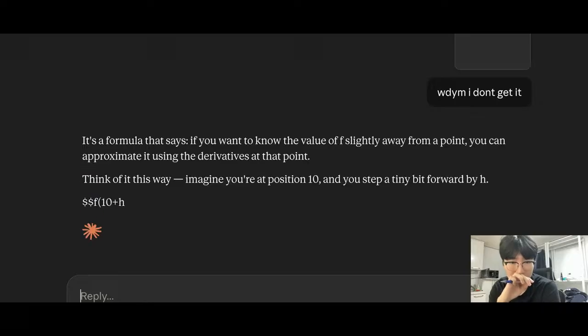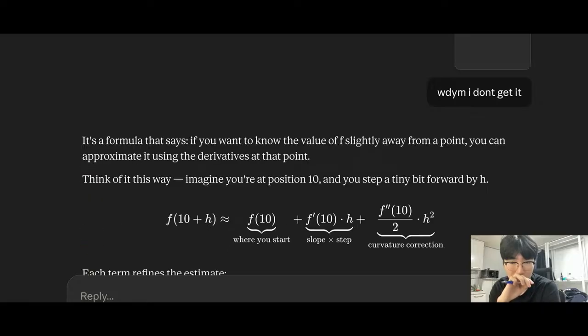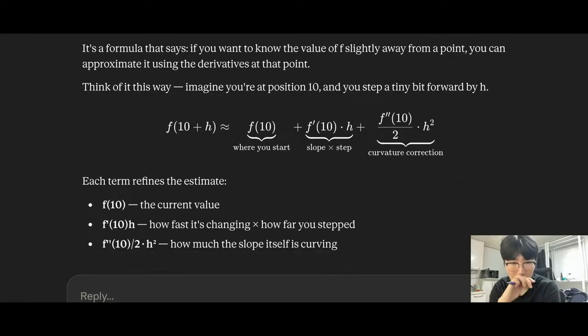It's a formula that says if you want to know the value of f slightly away from a point, you can approximate it using the derivatives at that point. Think of it this way. Imagine you're at position 10 and you step a tiny bit forward by h.